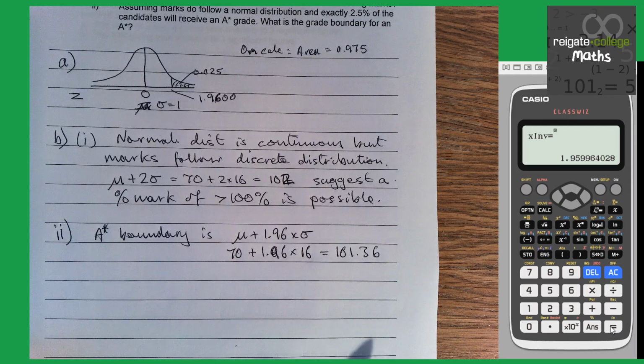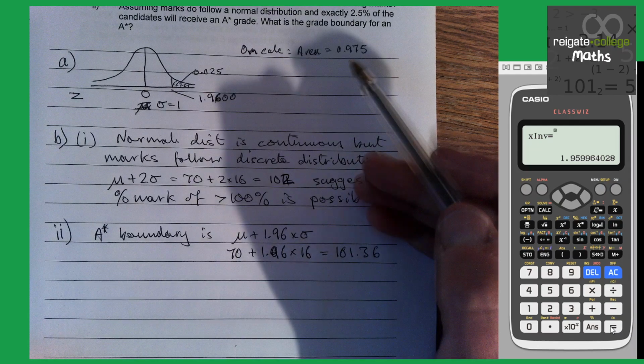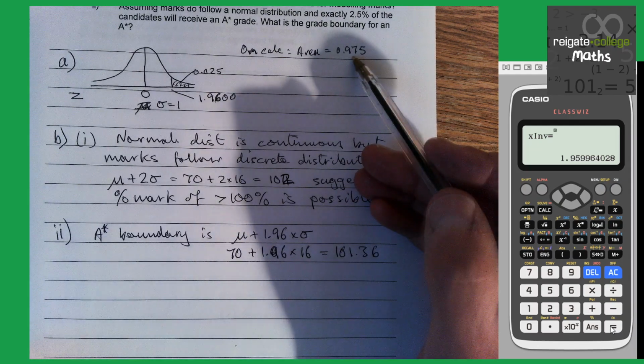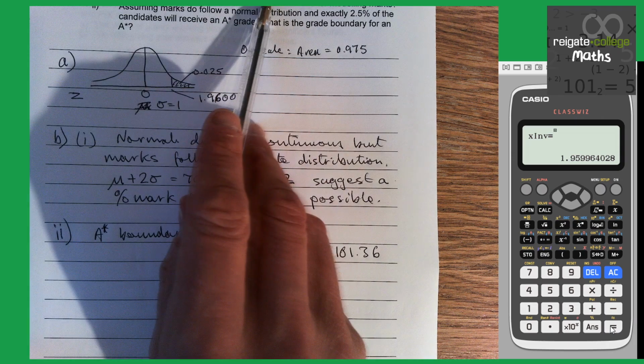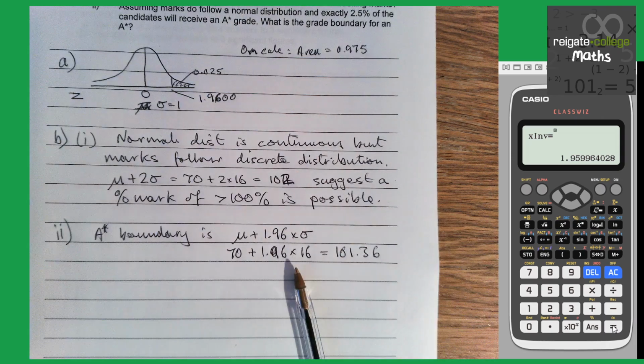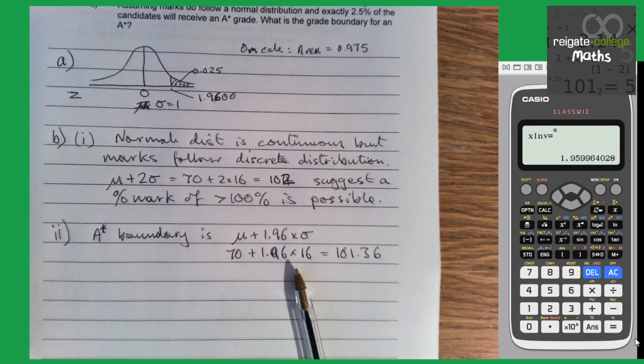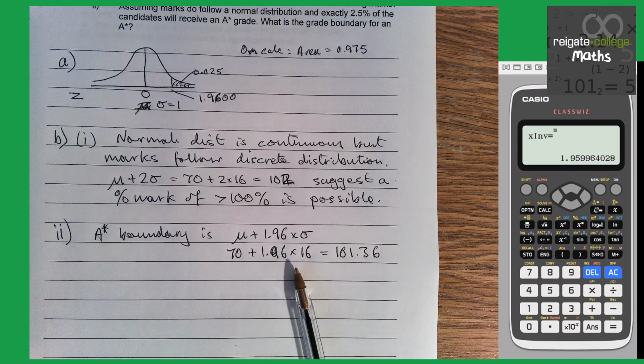I'm not going to do that calculation on the calculator now. But what I also want to show you is that if we look up an area of 0.975 and we use this mean and the standard deviation of 16, we're going to get that 101.36. So we can either use the standardized value that we've got, or we can actually put it into the calculator using the mean and the standard deviation that we know.